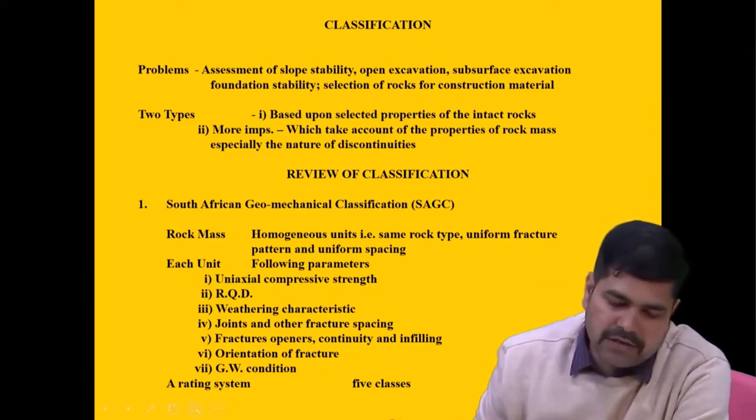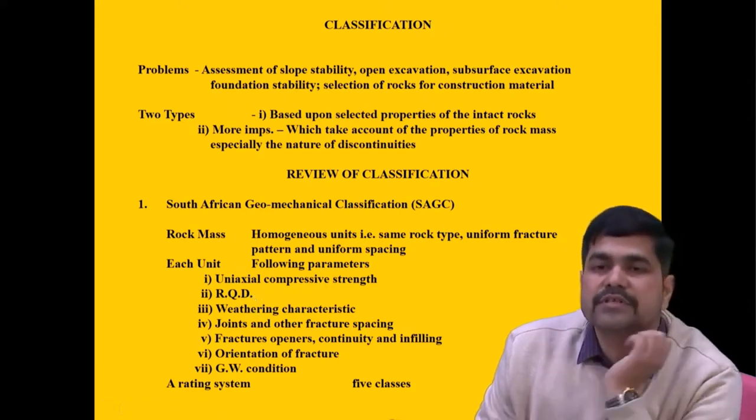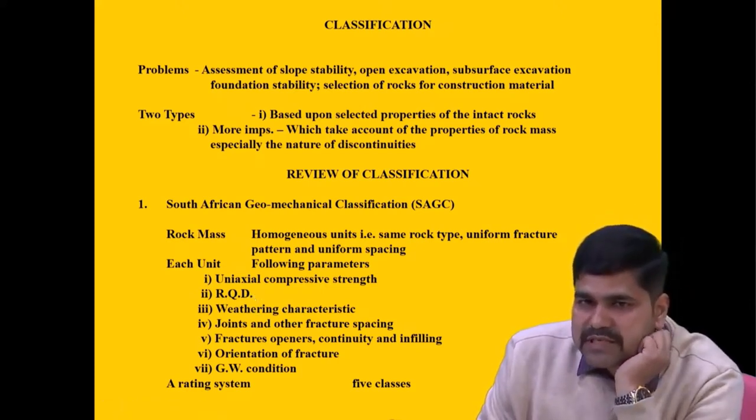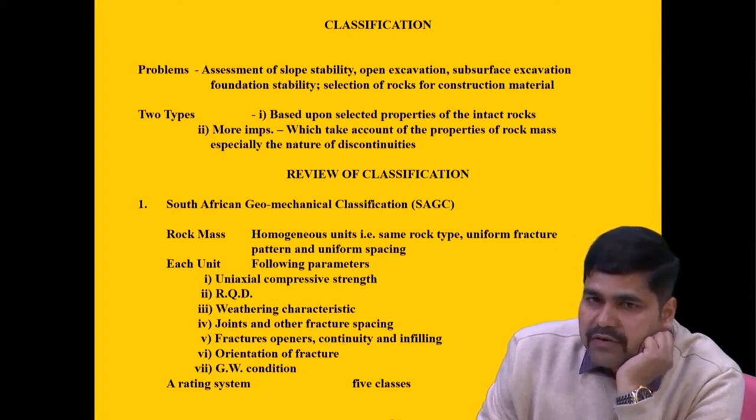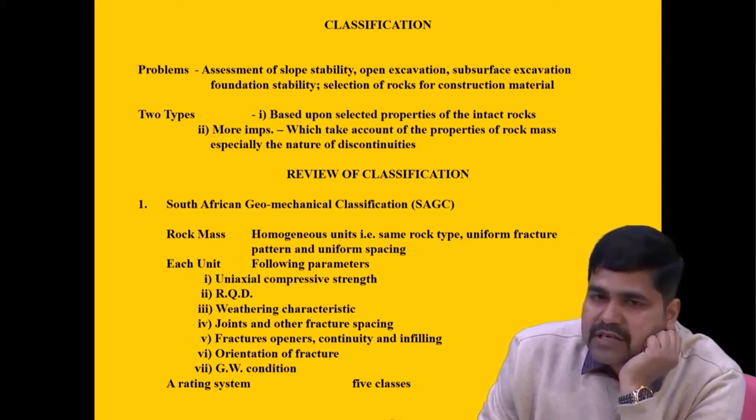Please look: first we have to consider the uniaxial compressive strength, we call it UCS, then RQD, rock quality designation, then weathering characteristics, joint or other fracture spacing, fracture openings, continuity and filling, orientation of the fractures, and groundwater condition.